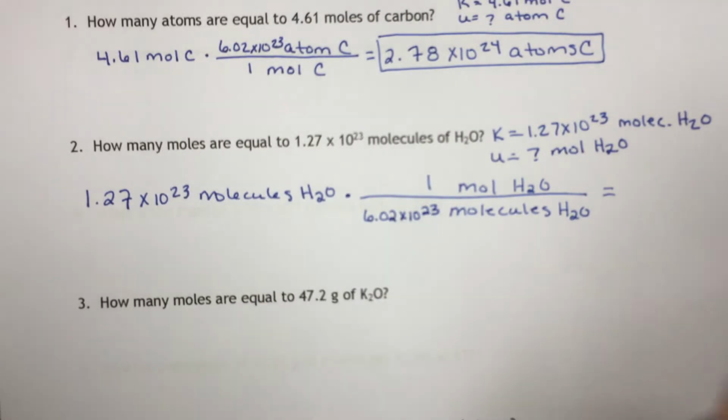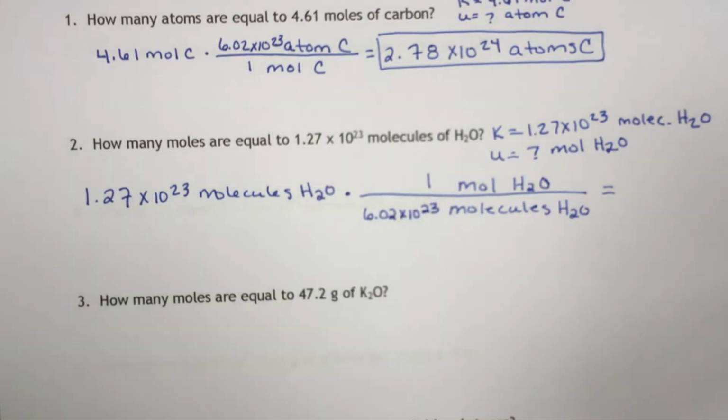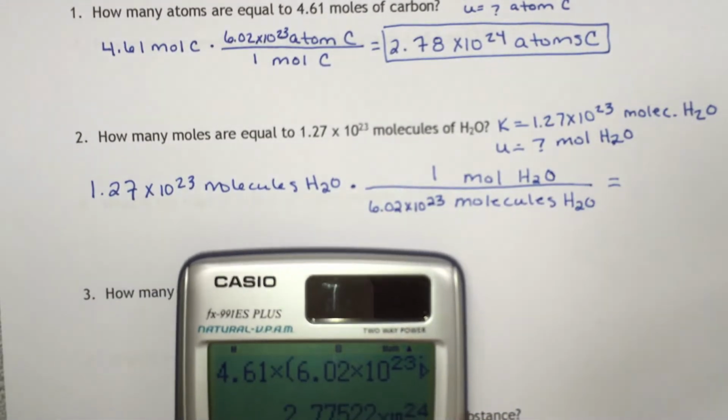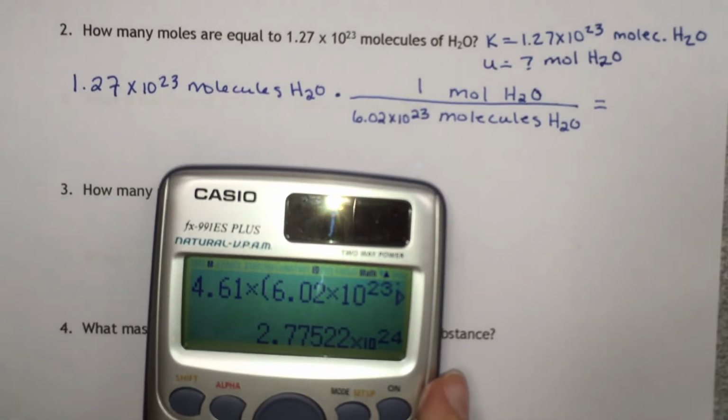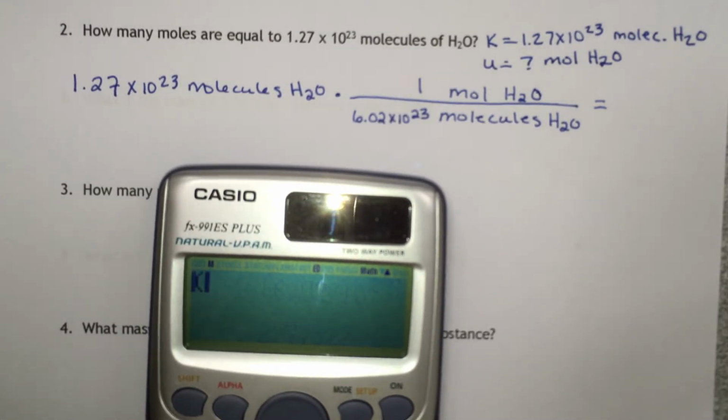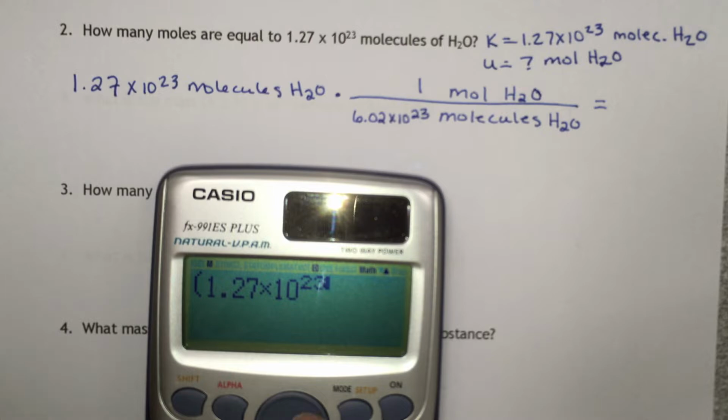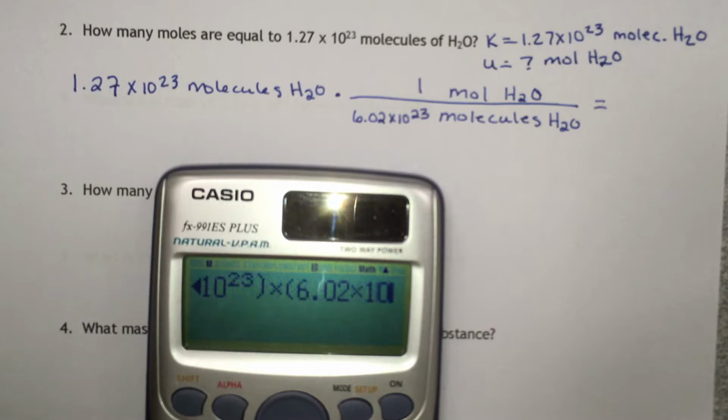This should become routine for you guys by now. Okay, and you take your calculator. 1.27 times 10 to the 23rd times 6.02 times 10 to the 23rd.